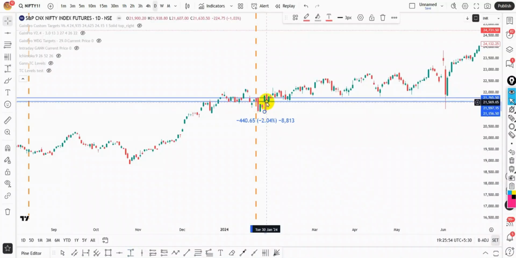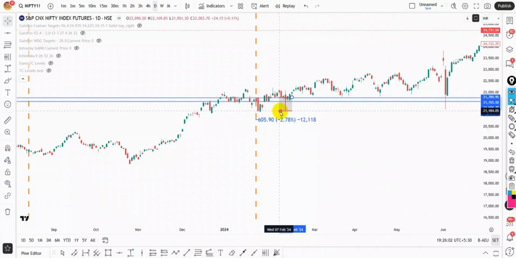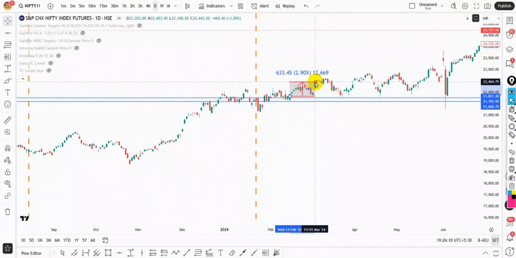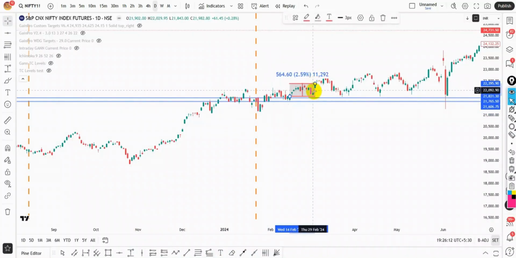Even from the top, assume that you take a trade from this point. From here, probably from February to March, it has given 564 points.